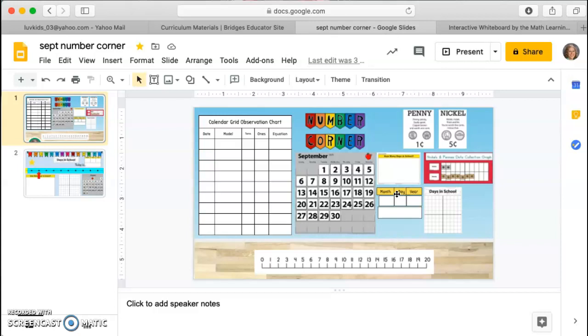Can you represent in a 10 frame? Can you represent with an equation? I would challenge you to try to represent in all those ways. Press pause while you are writing ways to represent the number of days we've been in school, which is 3.